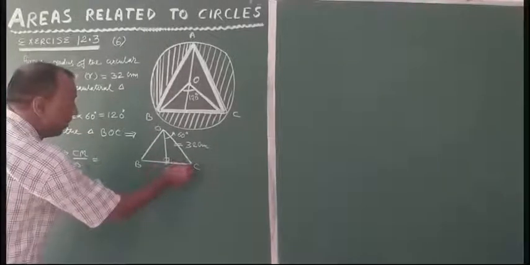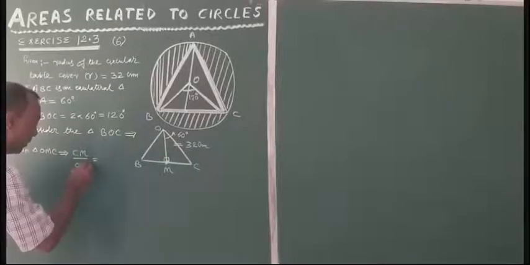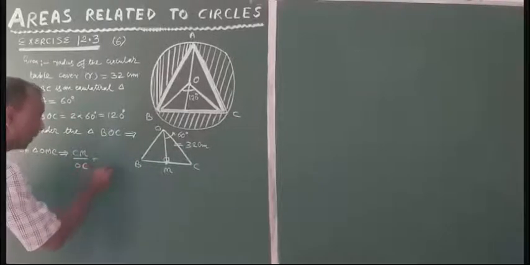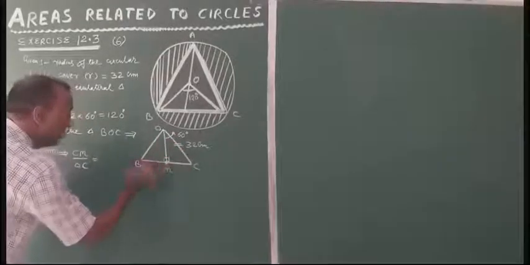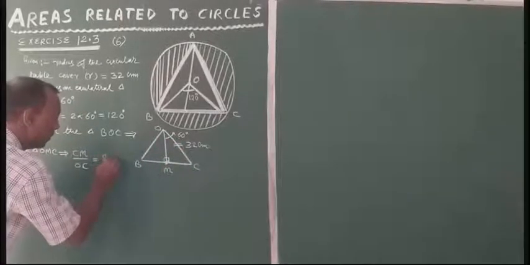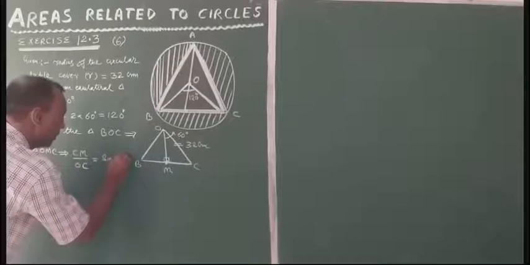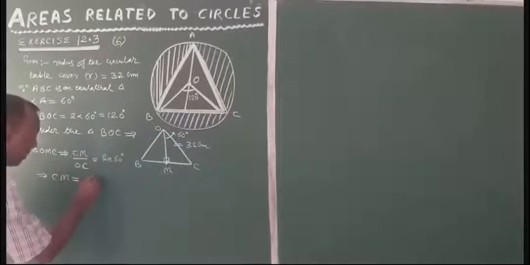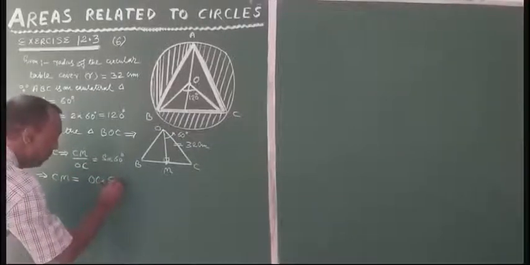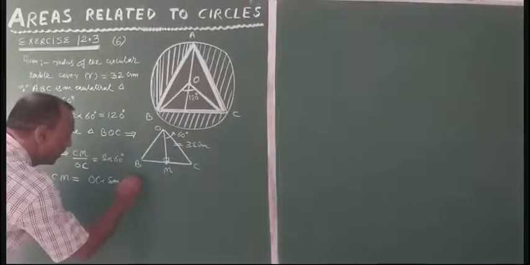Now in triangle OMC, CM upon OC, that is perpendicular upon hypotenuse, is equal to sine 60. Therefore CM will be OC into sine 60.